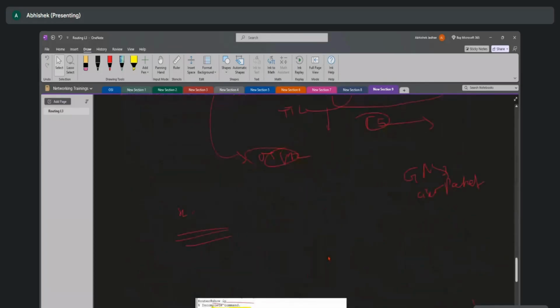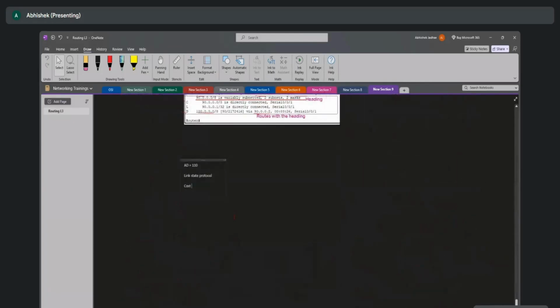Another important thing you should know about OSPF is that there is something called area zero, which is nothing but the backbone. Please make a note of this: backbone of the entire network configuration.